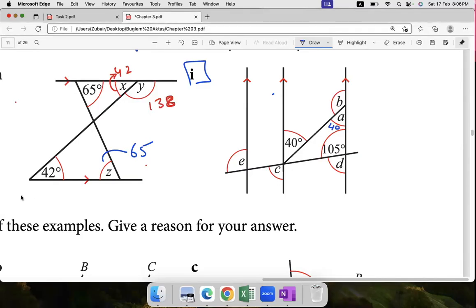That's alternate. Yeah. Go for B. 140. Correct. We just have to find one, then all others drop in their places. Go for D. 75. Correct. What about C?